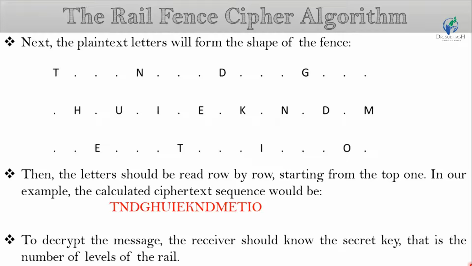Due to the small number of possible keys, the rail fence cipher can be broken quite easily by using brute force attacks. The attacker should check all the possible numbers of rail levels that might have been used during encryption. So I hope you can understand how the rail fence cipher algorithm works.